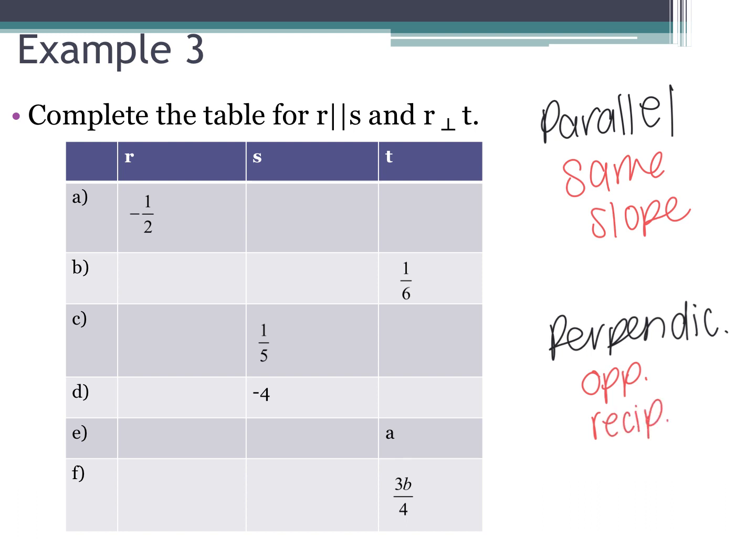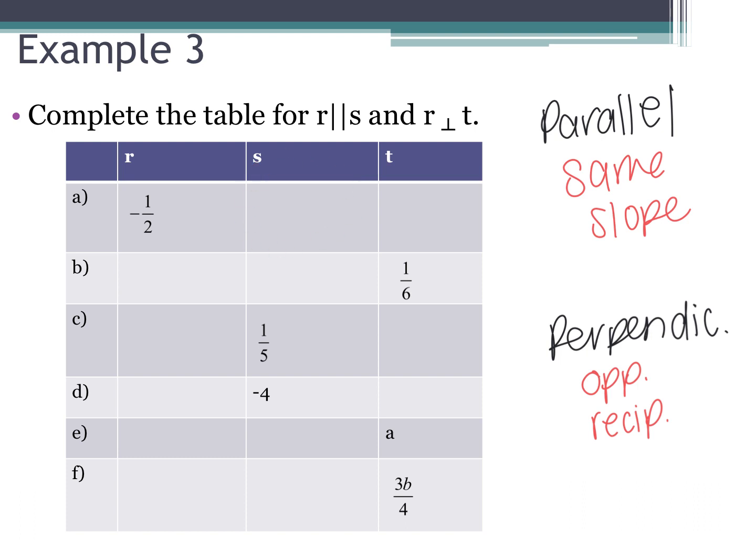Okay, that's the rule. So looking at this, if r is parallel to s and the slope for r is negative 1 over 2, what should my slope for s be? Negative 1 over 2.